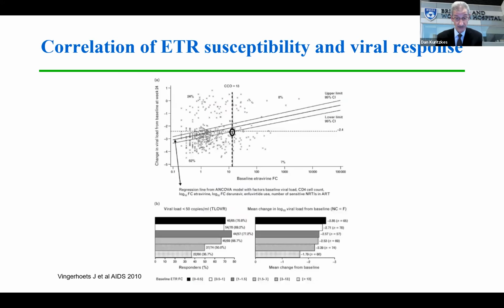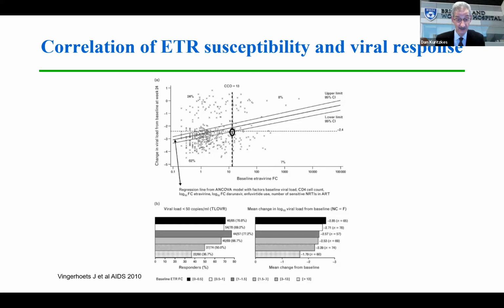But what the group from Tibotec did was to look at mutations that they had identified in phase 2 trials of etravirine, and then pool the data from the DUET studies to look at correlations between the fold change in etravirine at study entry and the change in reduction of virus load over the course of the study. And you can see that there is a correlation, although it's a fairly rough correlation with a lot of points that fall way off of the regression line.